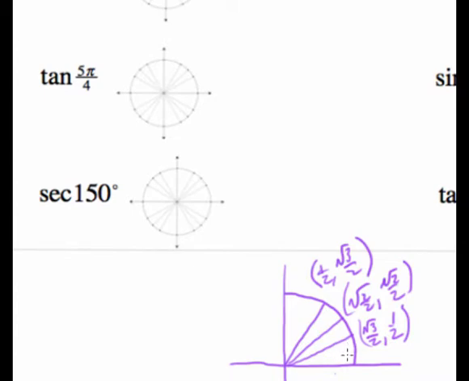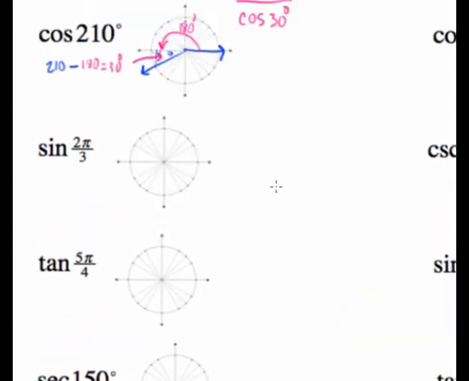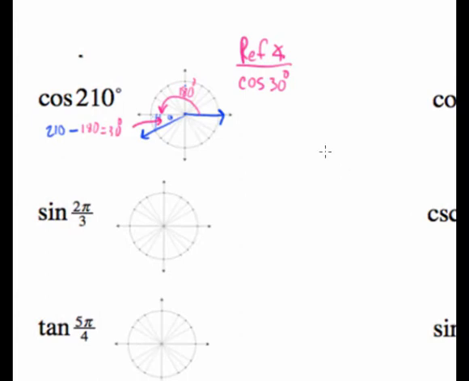Well, remember this is xy, and you can also think of it as cs. So we learned earlier in this lesson that the x value is the cosine, the y value is the sine, so the cosine of 30 is square root of 3 over 2. Okay, so then we're going to come back up here and say that the cosine of 30 degrees is equal to square root of 3 over 2.